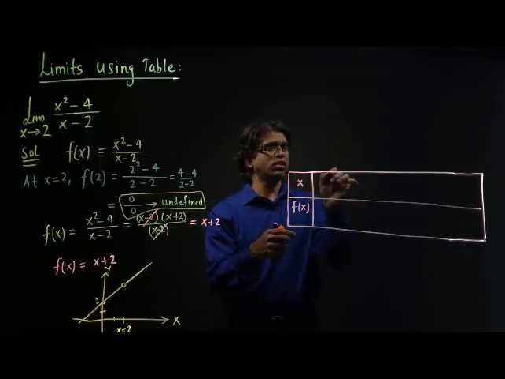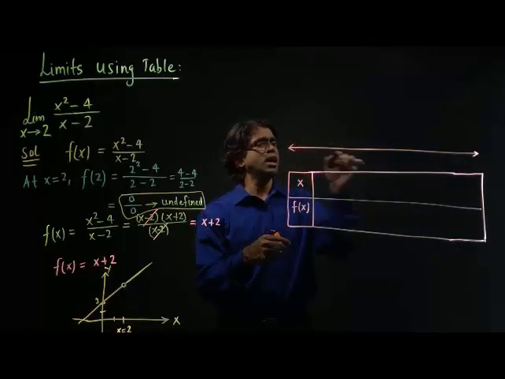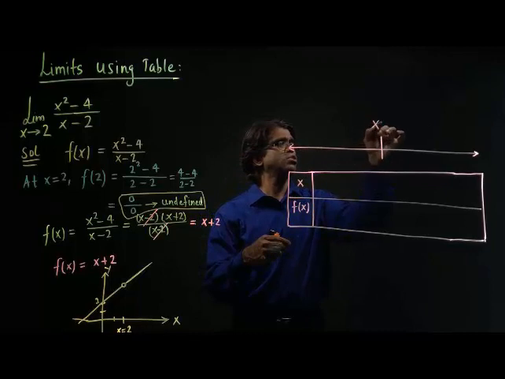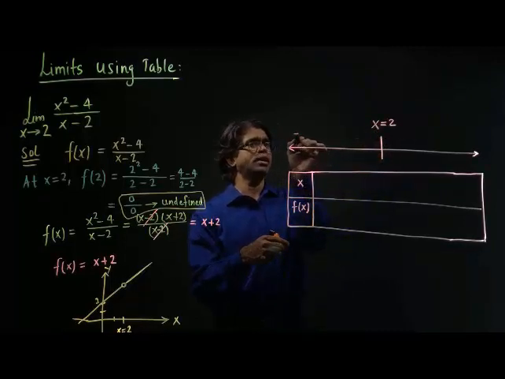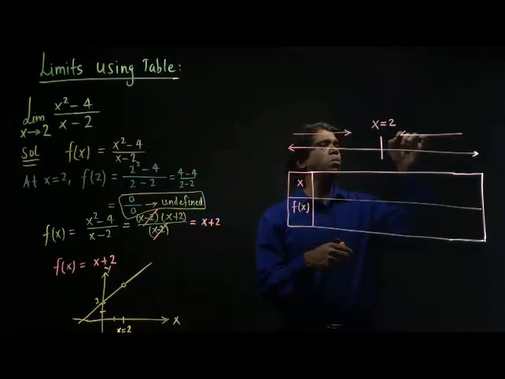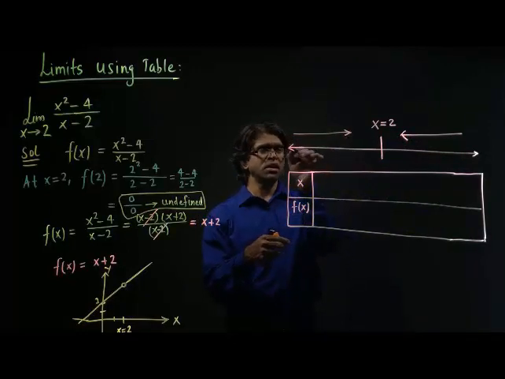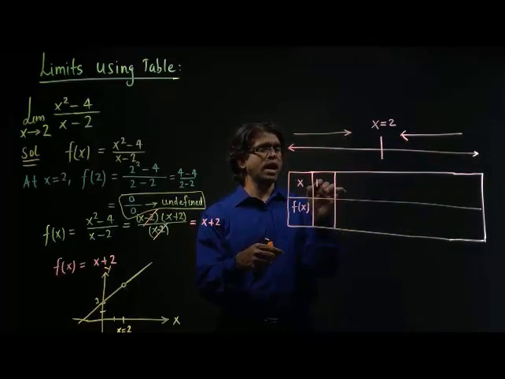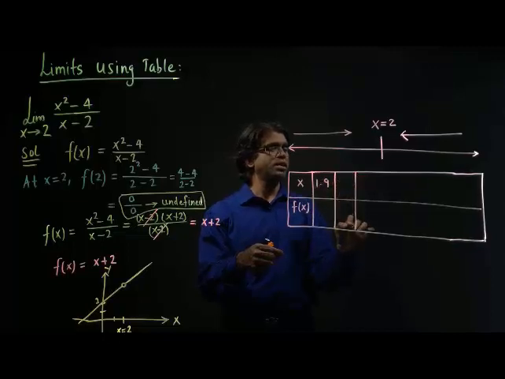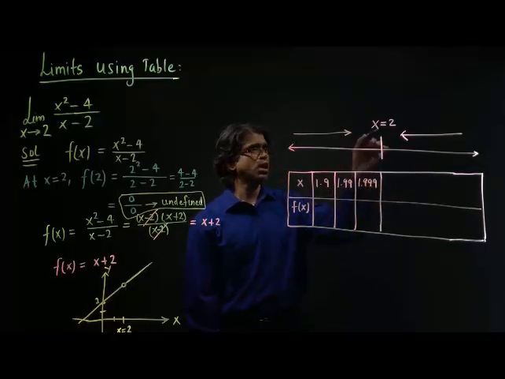Just to explain this, I'm going to draw a number line. This is my number line, and if this is my 2, which is x equals 2, I'm going to consider the points coming from the left of x equals 2, and also the points coming from the right of x equals 2. The points I'm going to consider from the left are 1.9, 1.99, and then 1.999, because I want to be very close to x equals 2.